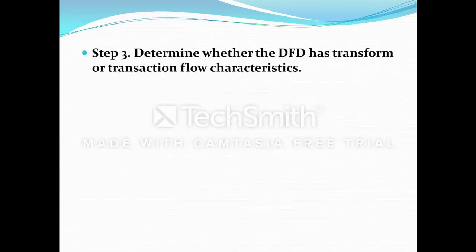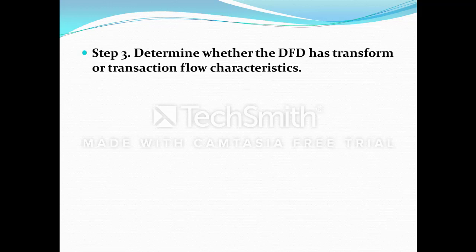Next, third step: determine whether the data flow diagram has transform or transaction flow characteristics. Evaluating the data flow diagram, we see the data entering the software along one incoming path and exiting along three outgoing paths.